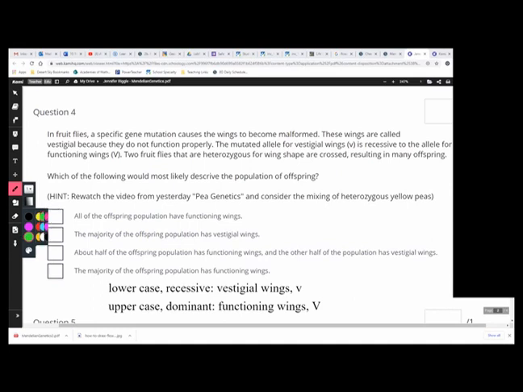So go ahead and type to me, what do you think the genotype is going to be for the heterozygous wing shape? Okay, so remember, it should be a pair of alleles.